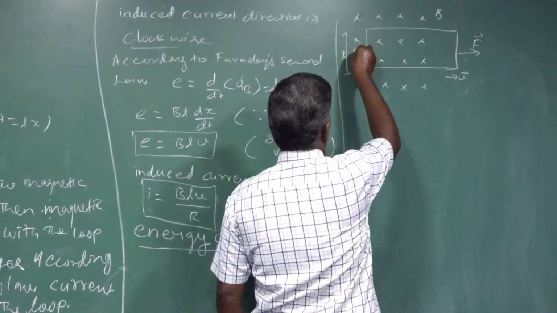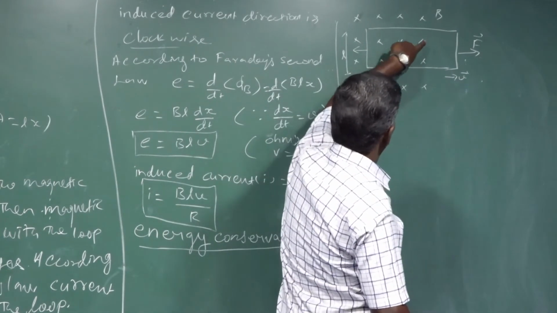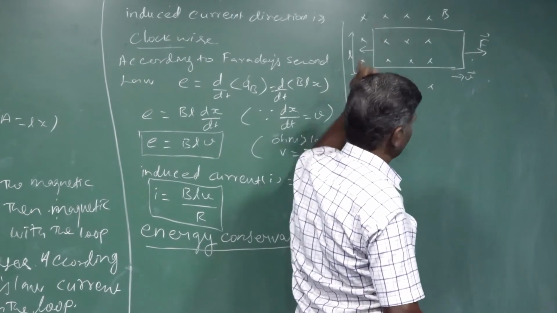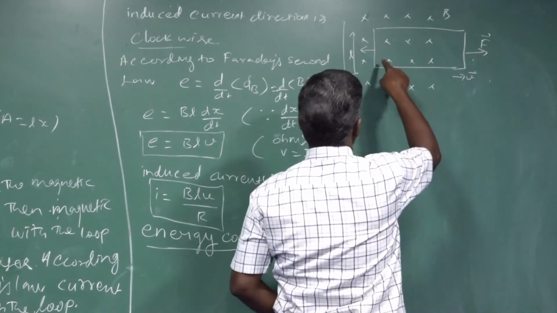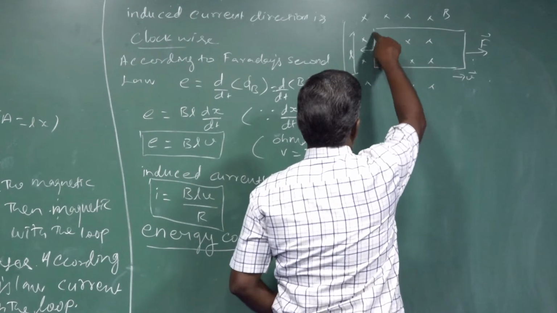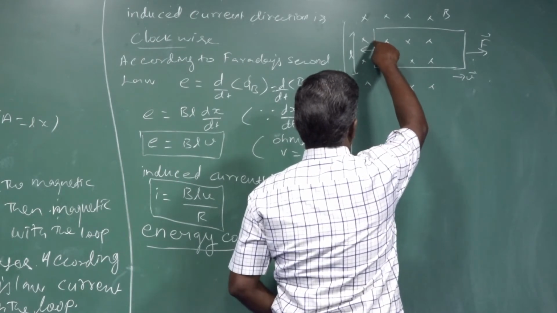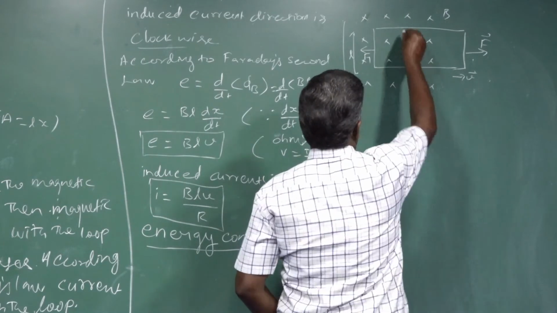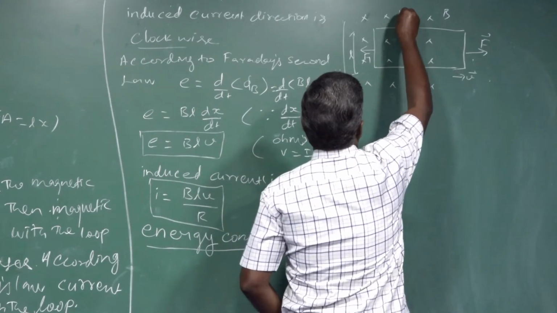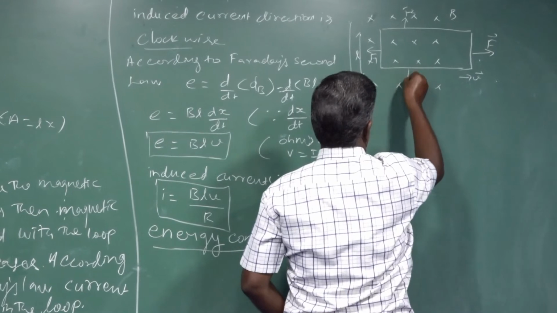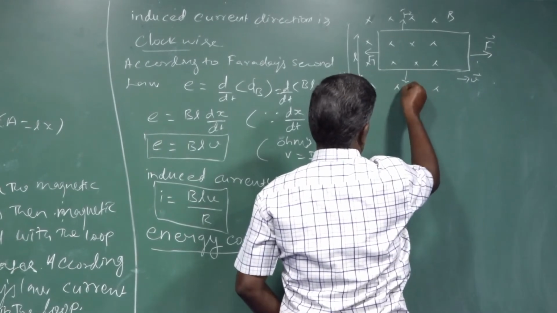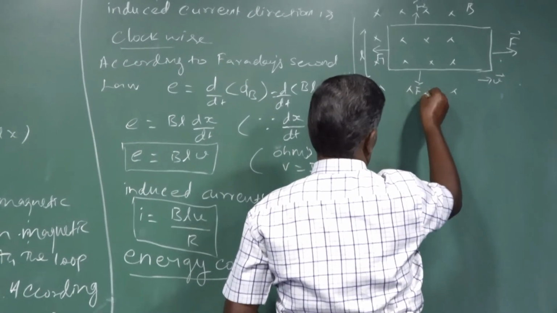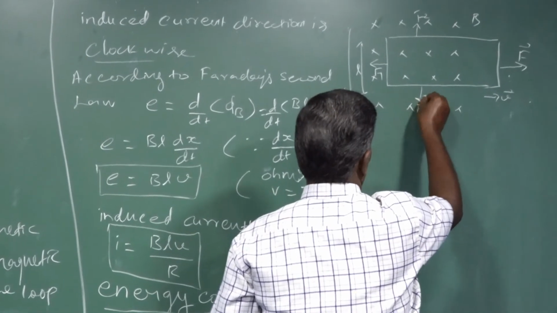Magnetic force acts on that part of the loop which is inside the magnetic field. The force on the left side of that loop can be taken as F1, the upper part as F2, and the force on the lower part may be taken as F3.